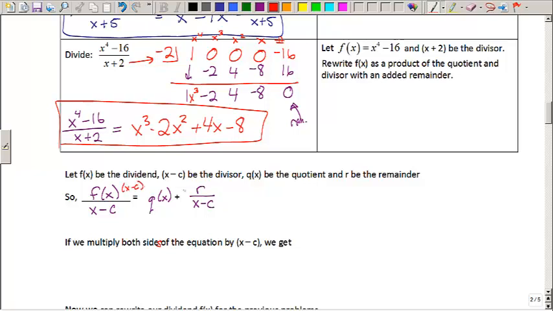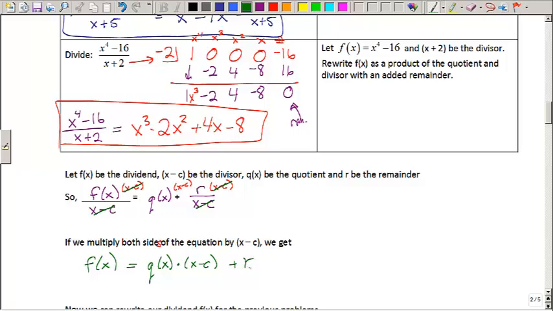I'm going to multiply it by every single term. Notice what happens here. The x minus c's divide out. So I'm just left with f of x is equal to q of x times x minus c. And the x minus c's here also cancel out. We get plus the remainder.